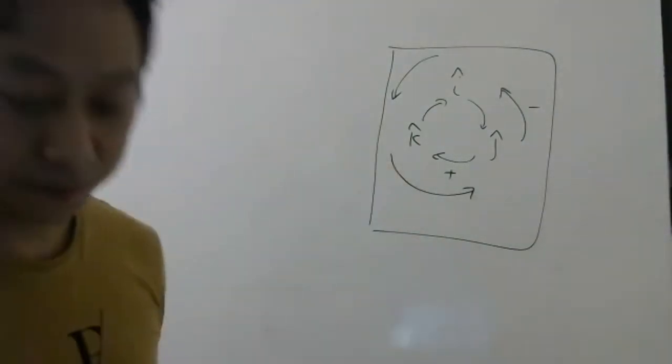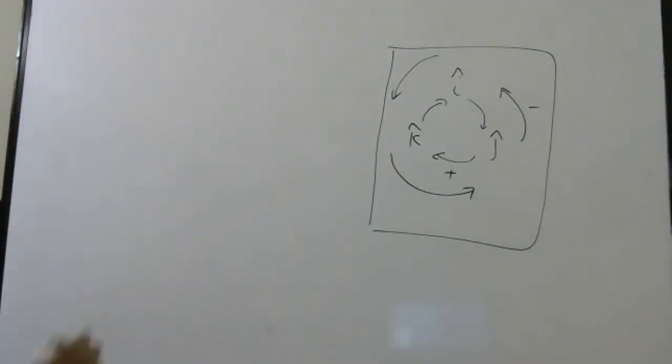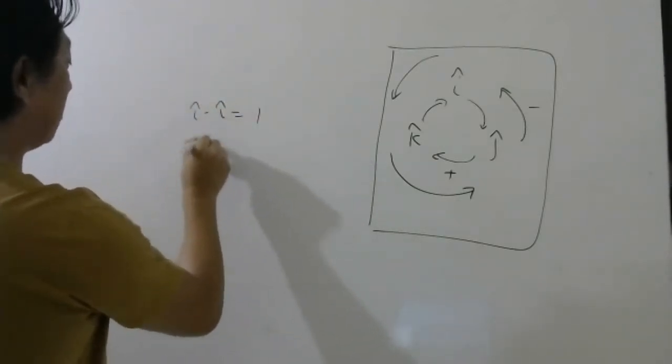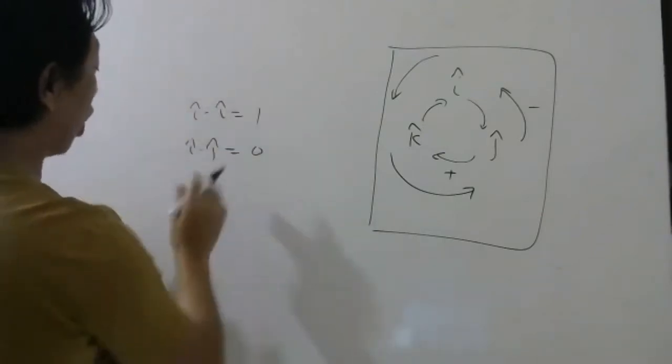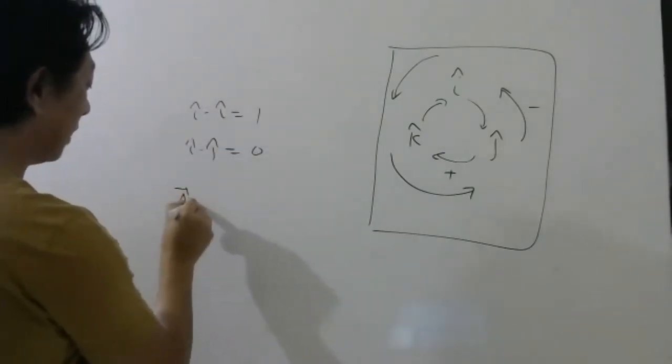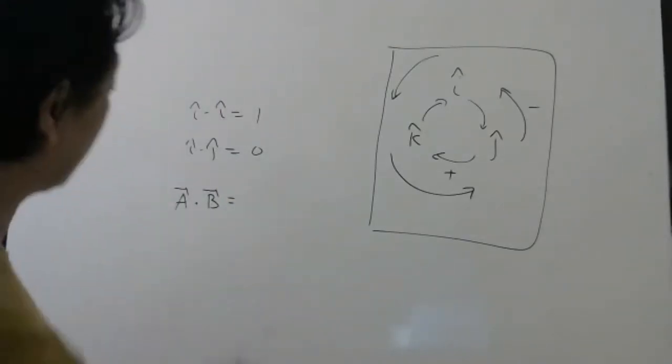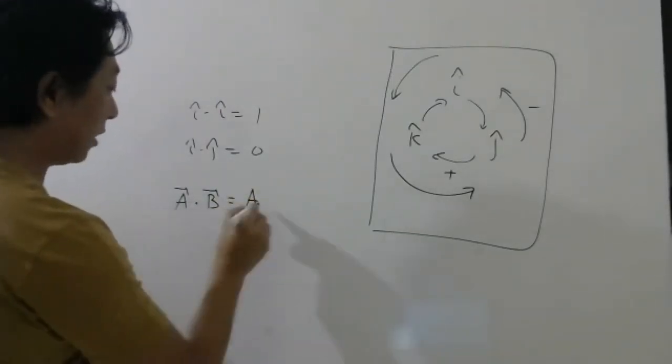Now, if you remember, I cap dot I cap is 1, I cap dot J cap is 0. After doing dot product, I taught you how to write A bar dot B bar in the form of components. You remember, right? So what was A bar in components?